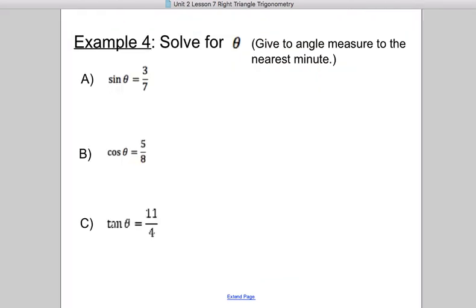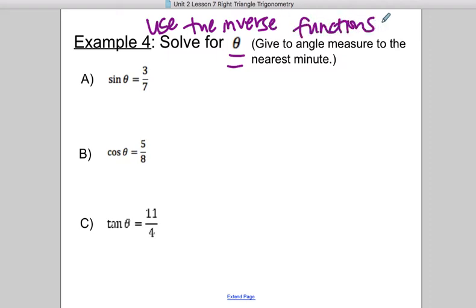Now example 4, we're switching it up. We're solving for theta. Whenever you're trying to find an angle, you use the inverse functions. Those are the buttons above sine, above cosine, above tangent. So in order to get rid of sine, you'd have to do sine inverse on both sides.